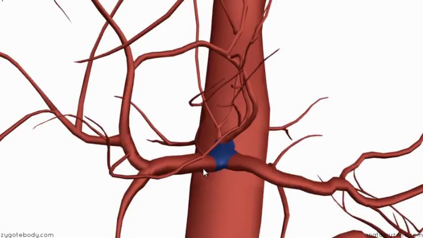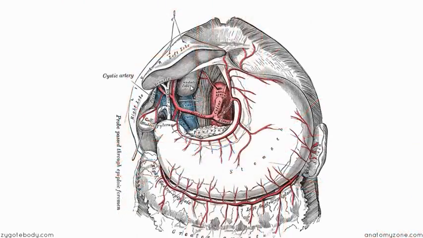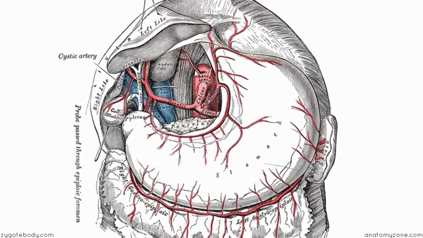Now I'm just going to switch over to some nice diagrams to illustrate the branching of these branches. Just to orientate you a bit, we're looking at the abdominal aorta as it's just passed through the diaphragm, and we've got the celiac trunk coming off immediately after that, and you can see its three branches: the left gastric, the splenic, and the common hepatic.